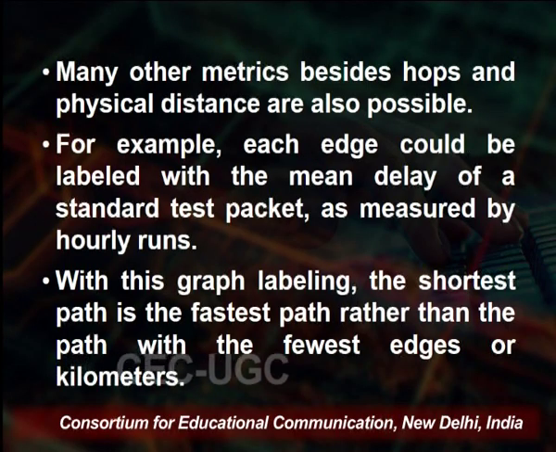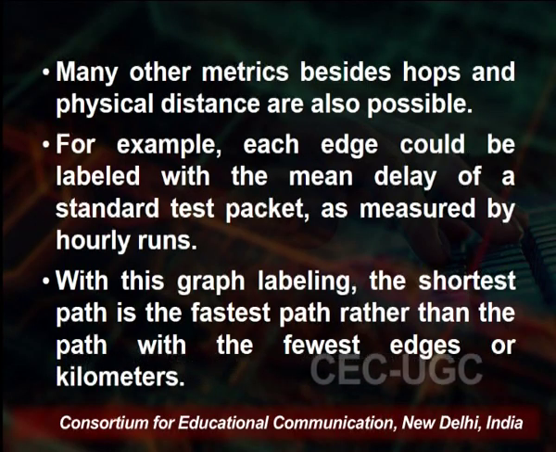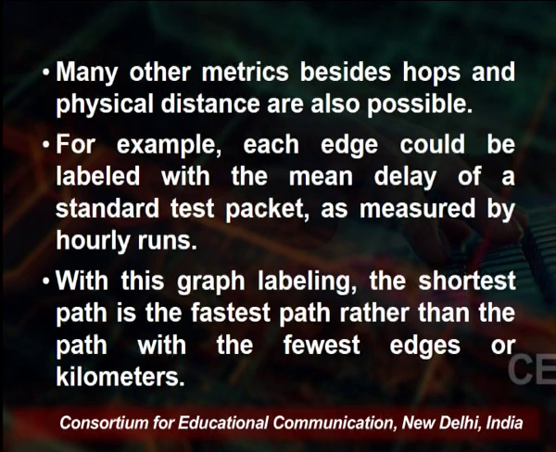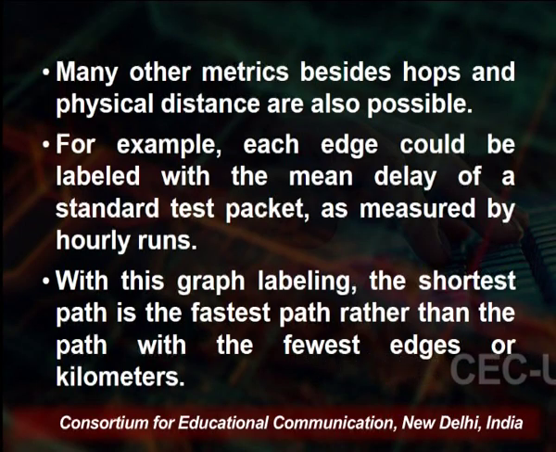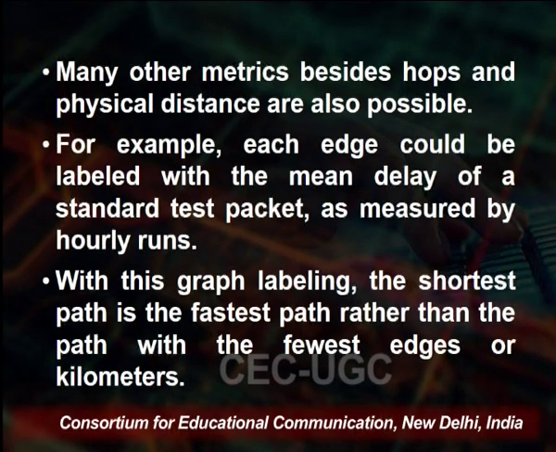That mean delay could be one of the metrics, and the routing algorithm will choose the route with the minimum mean delay. With this kind of graph labeling, the shortest path will be the fastest path, rather than the path with the fewest edges or the fewest kilometers.